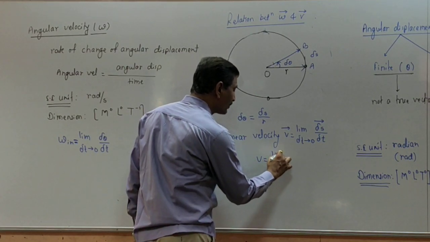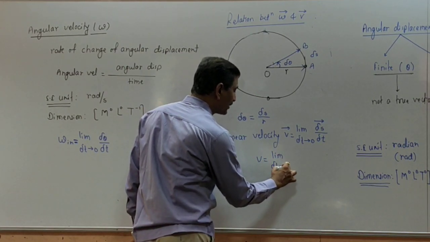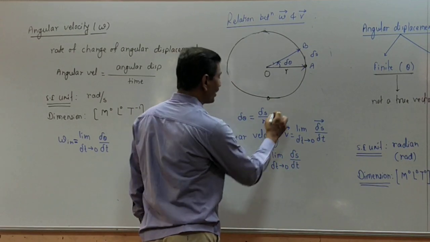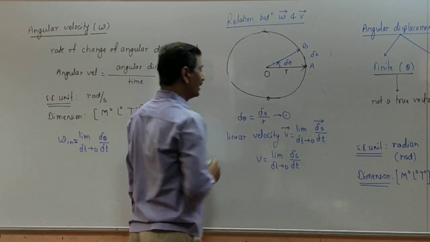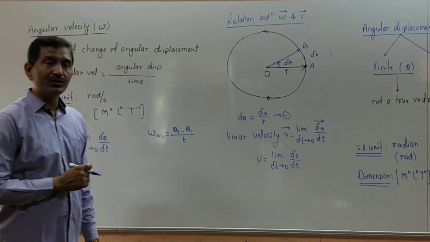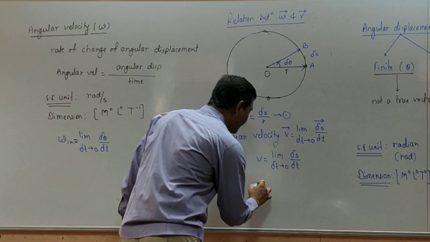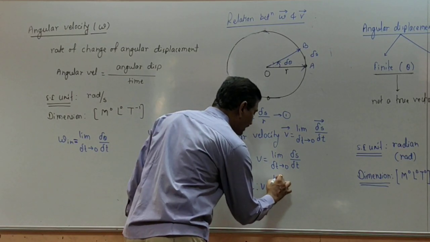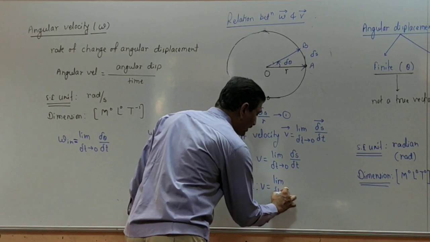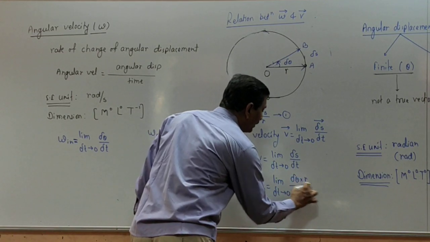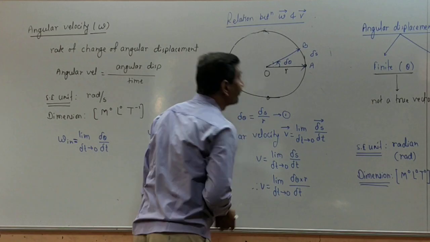From the earlier formula, delta S is equal to delta theta into R. So if we put the value of delta S here, we get limit delta t tends to 0 of delta theta into R upon delta t.